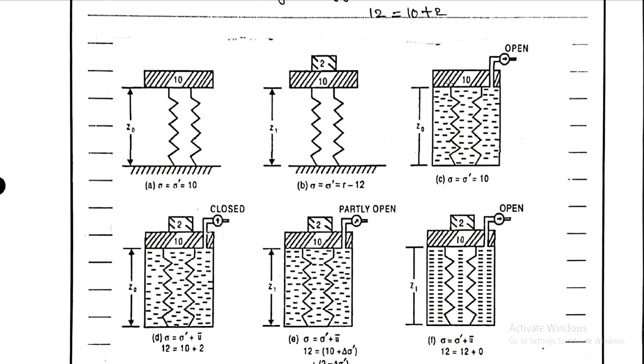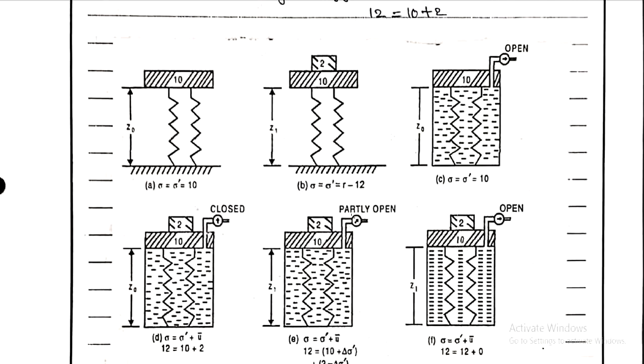But here, as the springs are not getting compressed, there is no pressure on the water. When we apply an additional 2 units of load and close this particular valve, the 10 will be borne by the spring and the 2 will be borne by the water, as the water is incompressible.